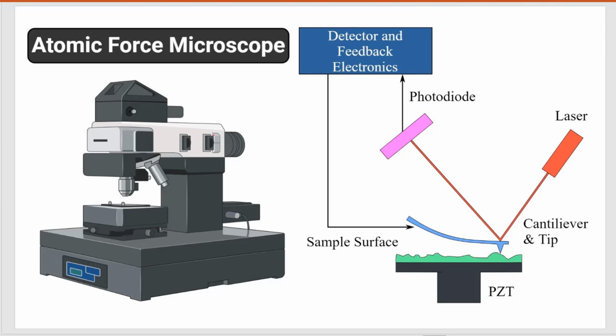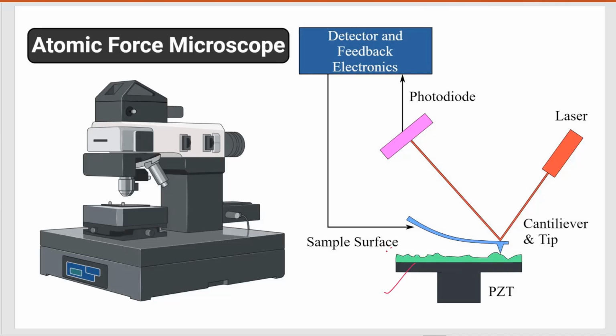So what is different in this? We have a cantilever and a tip, and a laser is also connected with the cantilever and the tip. So what happens as we move the platform? This is the platform, and our sample, this green thing, is on the platform.